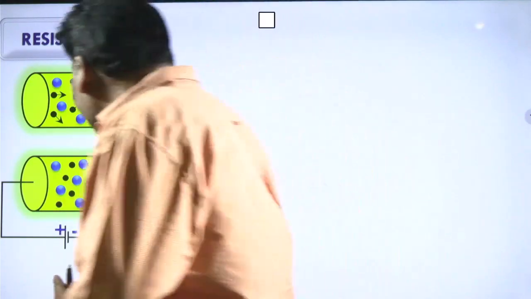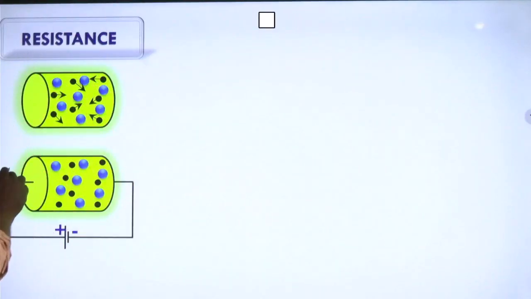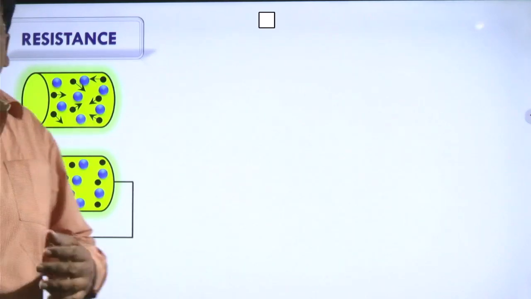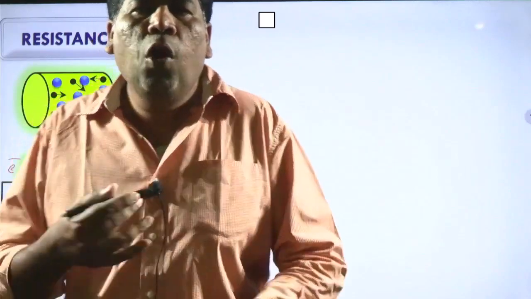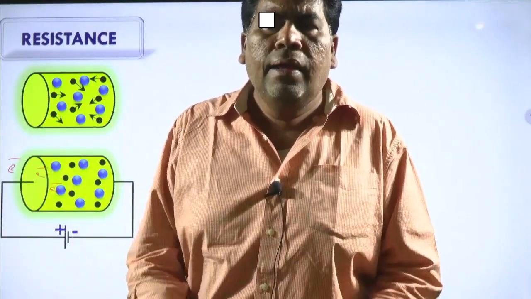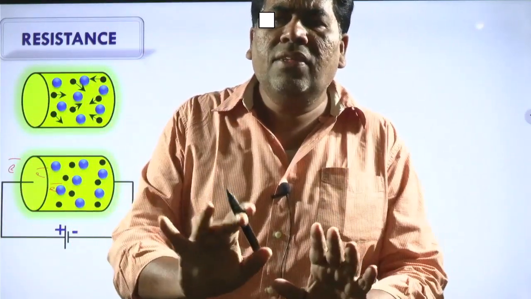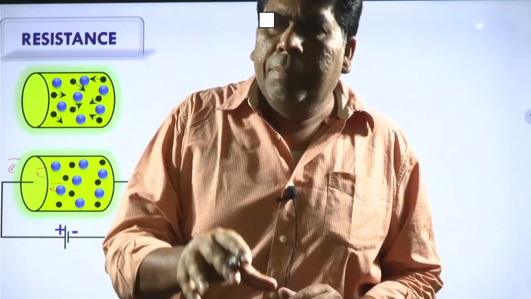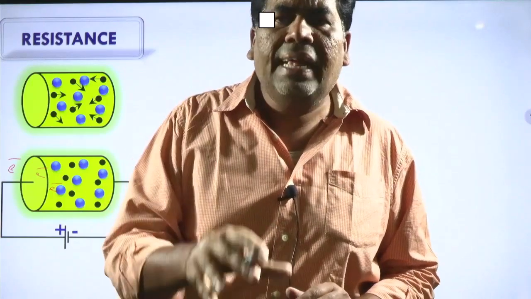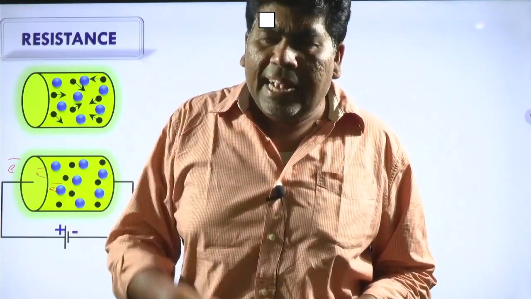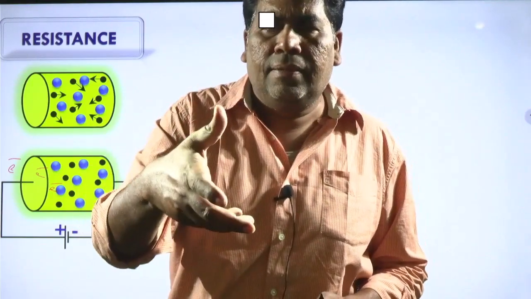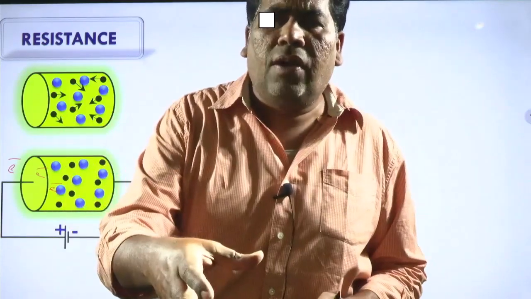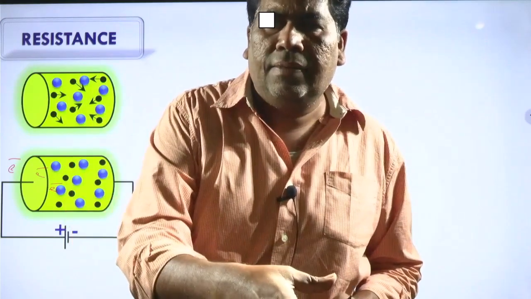Those particles will try to stop the electrons entering the conductor, meaning they will start opposing the flow of electrons, or they will show some resistance to the flow of electrons. So because of the particles of the conductor, we are experiencing some resistance, resistance to the flow of electrons or flow of current.